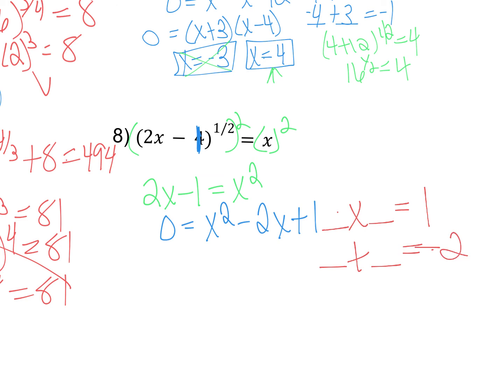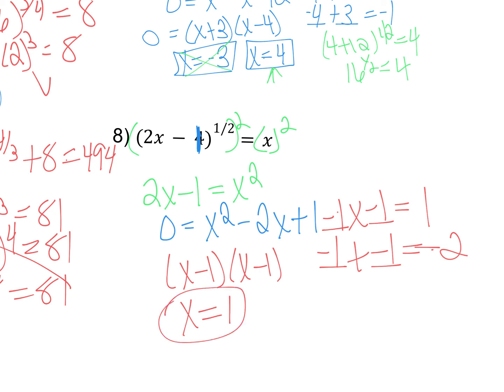Well, in order to get a positive, the signs have to be the same. So I'm going to have a -1 and a -1, which means my two factors are going to be x minus 1 and x minus 1, which means really the only solution we have is x equals +1.